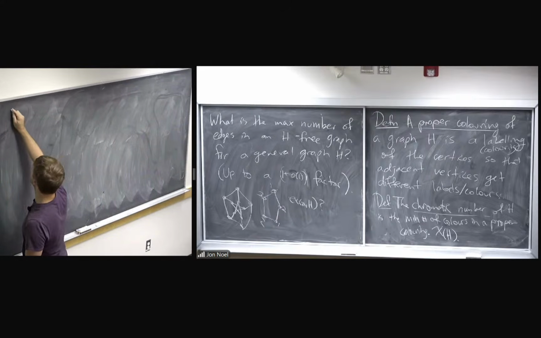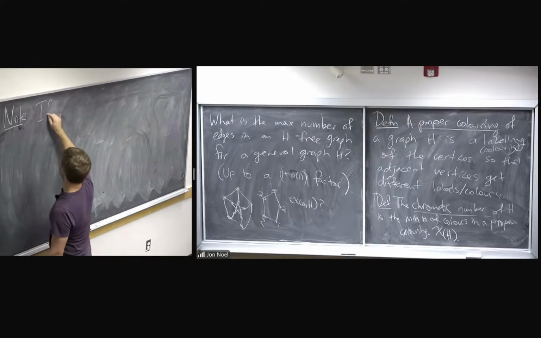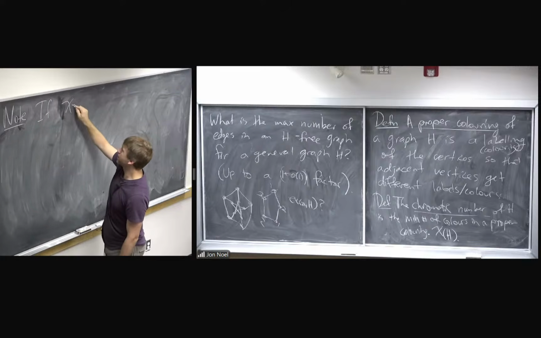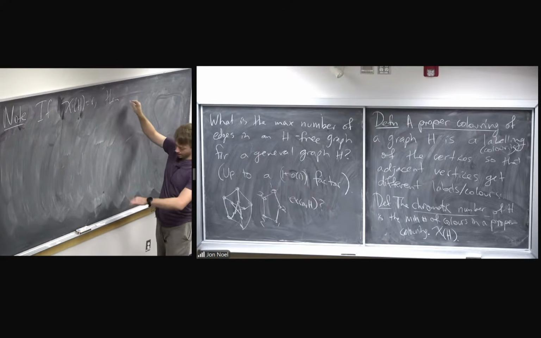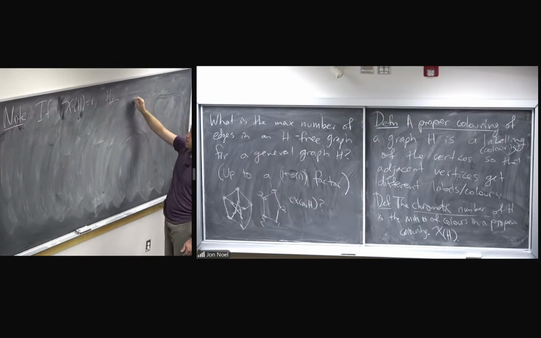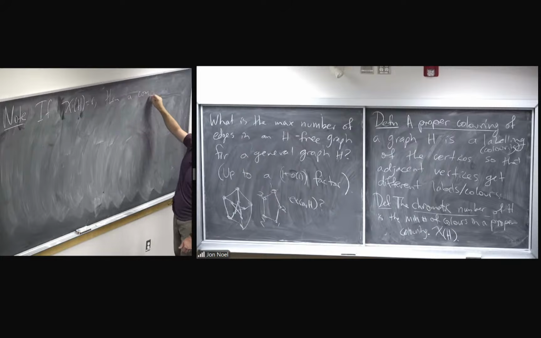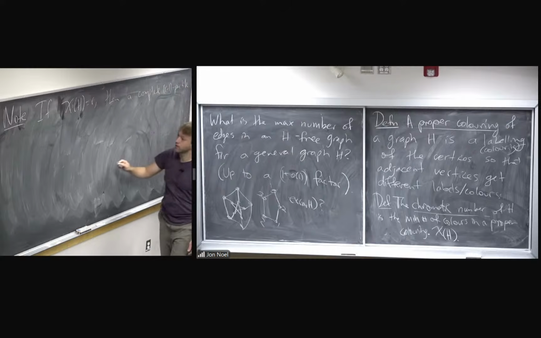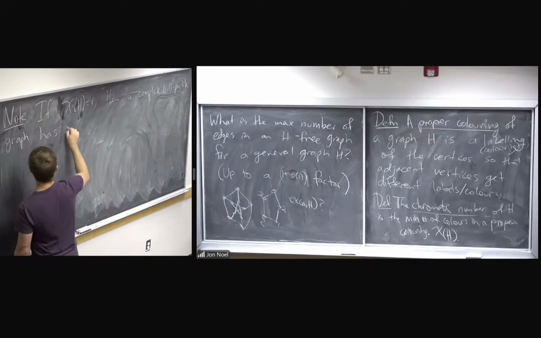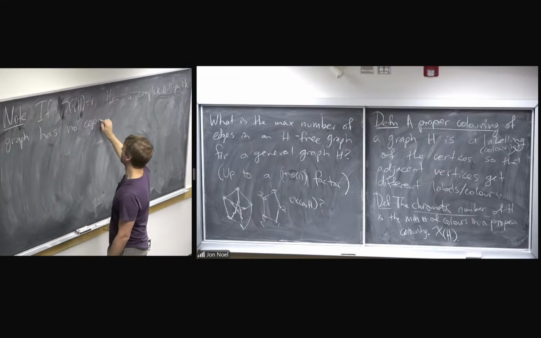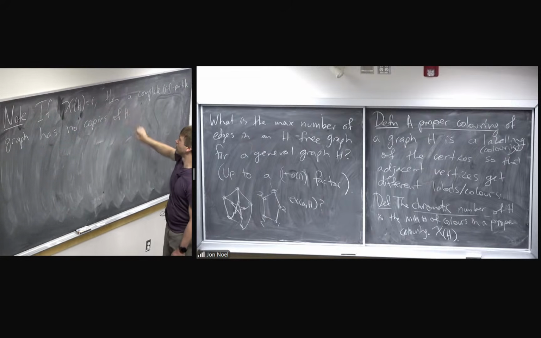So note, if the chromatic number of H is r, then a complete r minus 1 partite graph has no copies of H.